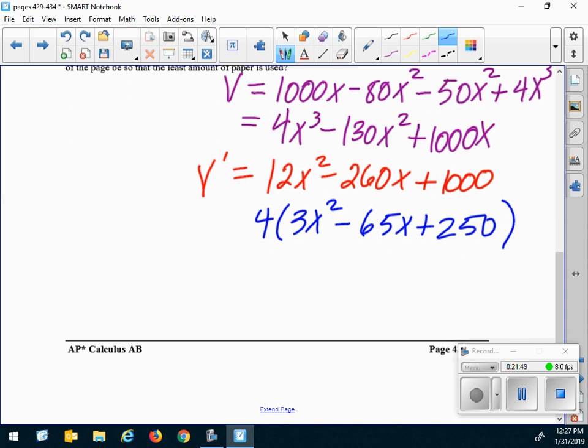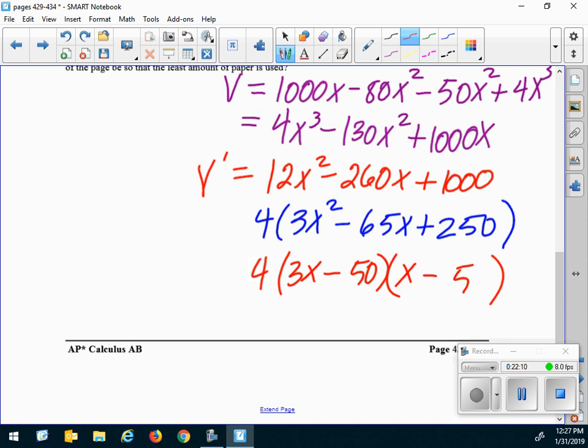Will it factor? Okay, Mackenzie says it'll factor. Will that give us 3x? Oh, go together. Okay, I'm with you. 50. By golly, that does work.